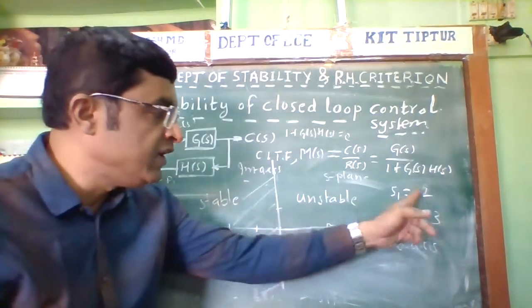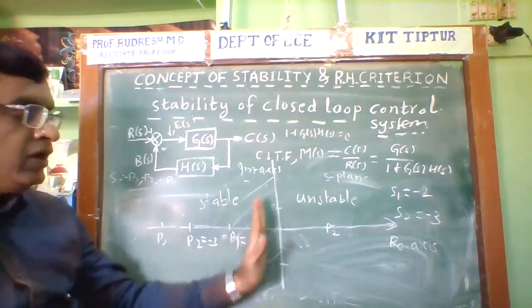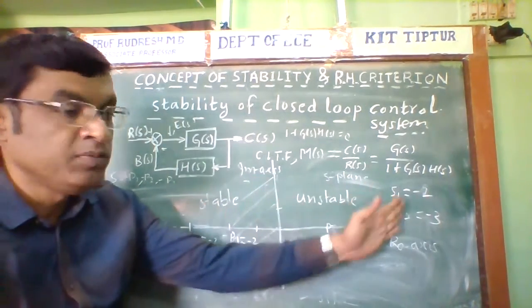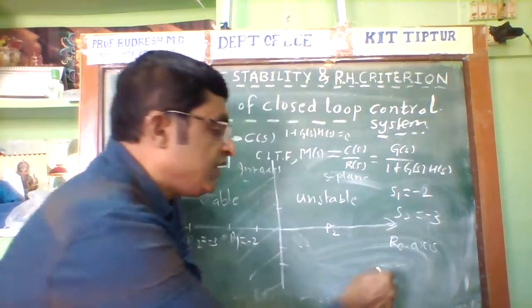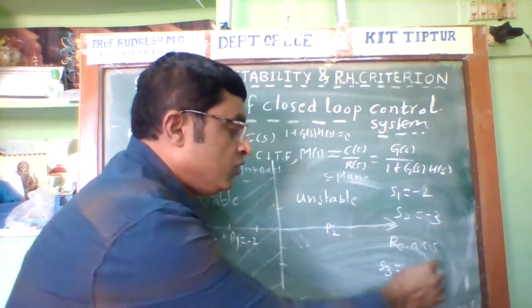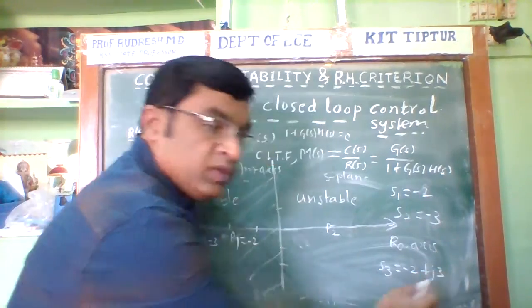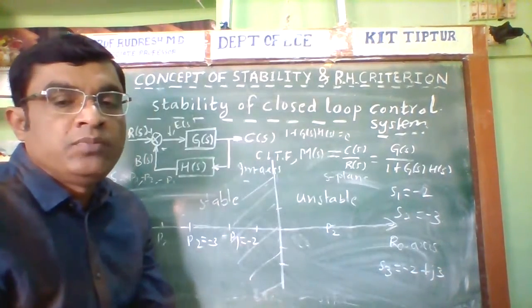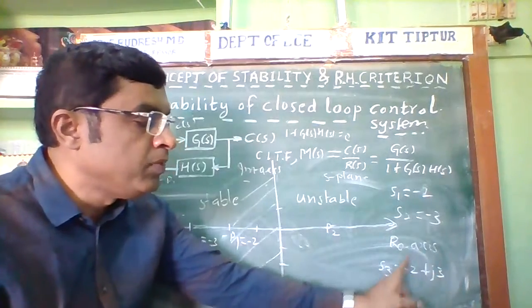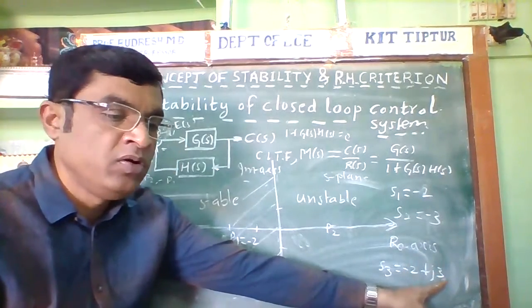Because if it is a negative real number, then these roots are located on the left half of the S-plane, so the system is stable. Or if S3 is -2 plus j3, then -2 is the negative real part and 3 is the imaginary part.